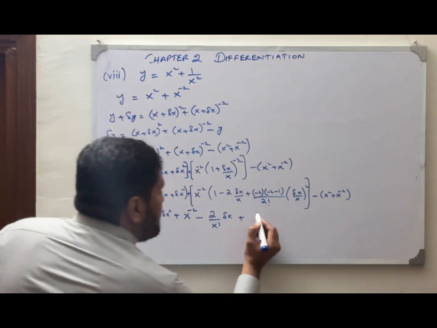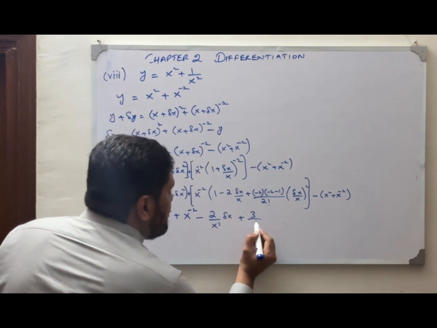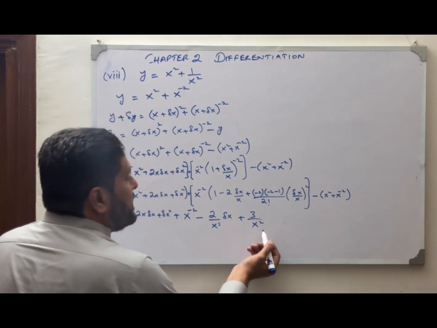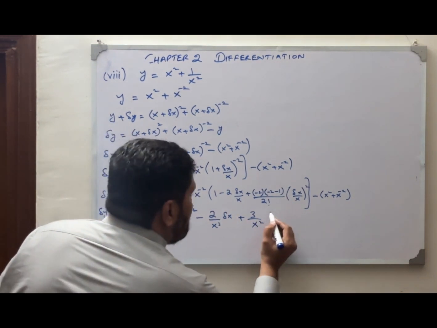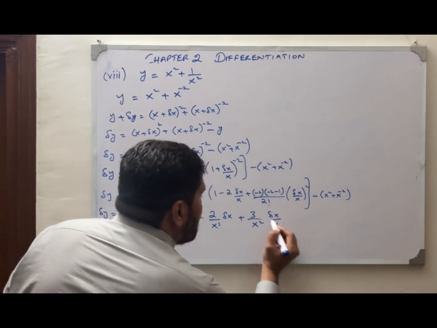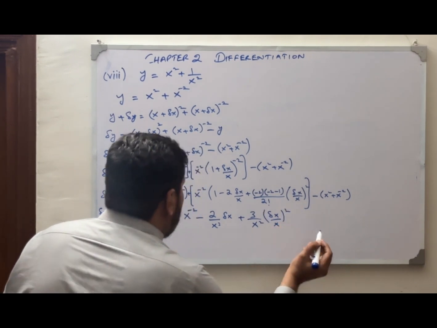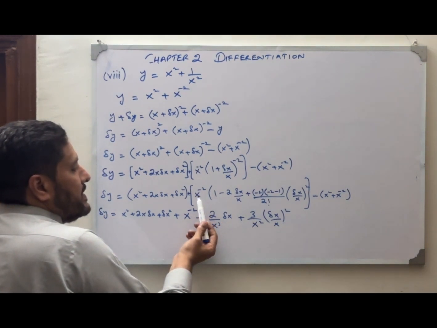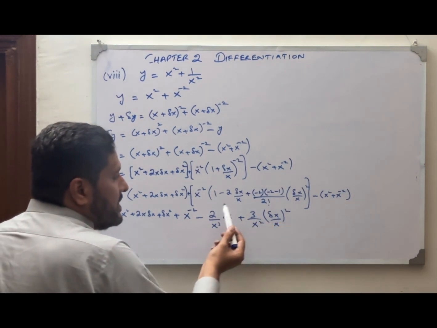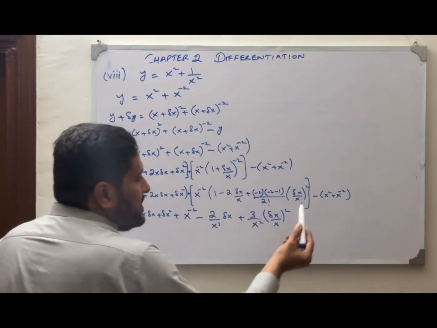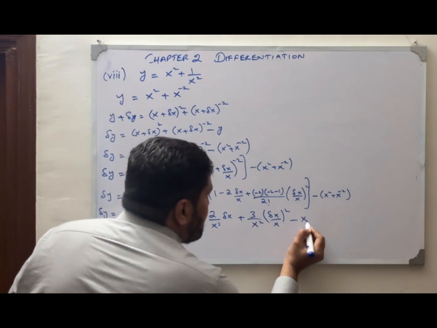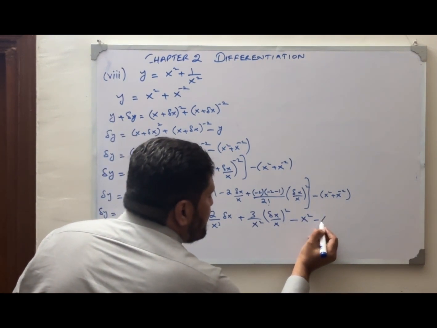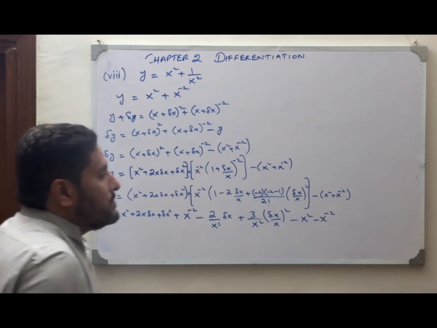So plus 3 over this x power minus 2 will be written as 3 by x power 2 into delta x by x whole square, and then we have completed the multiplication of x power minus 2 with all these three expressions, and then at the end minus x square, and then minus x power minus 2.